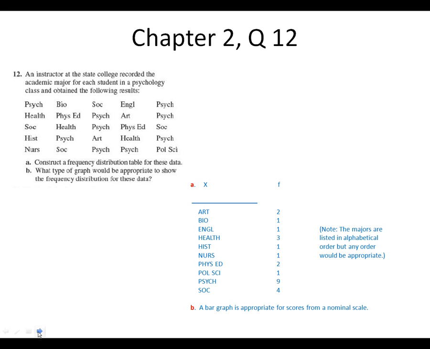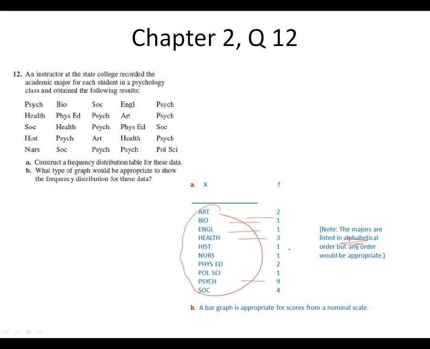All right, and we had, if you look here, these are the X's and their names, and they're in alphabetical order right here. And so we find that we had 2 art students, we had 1 bio student, 1 English student, 3 health students, etc., etc. There were a lot of psych students in the psych class, 9.